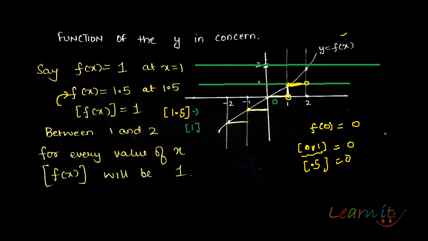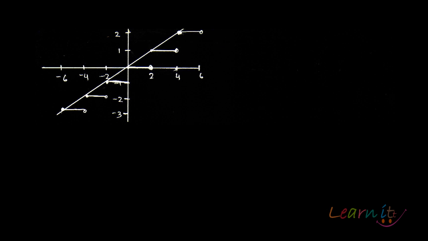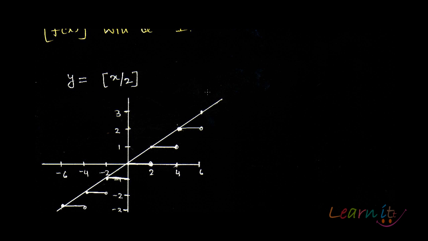Now let me give you an example to clarify our point. Let's take an example of y equals the greatest integer function of x by 2. What is the graph for x by 2?